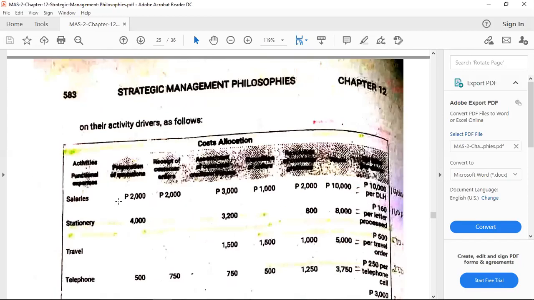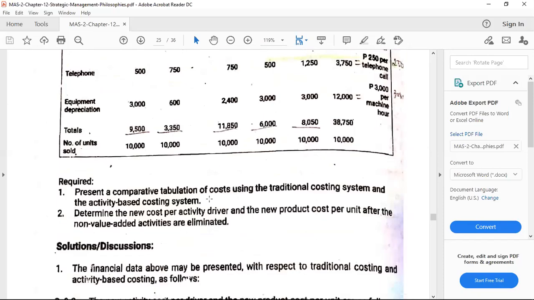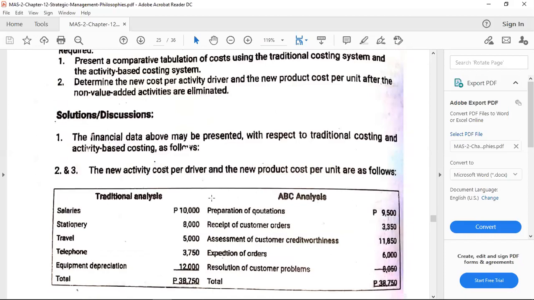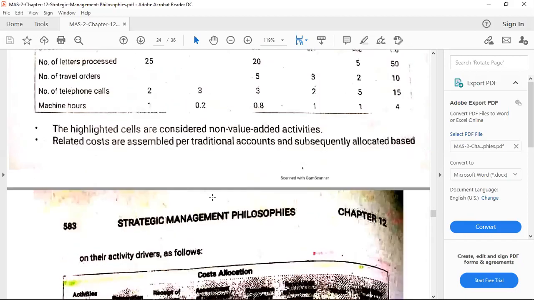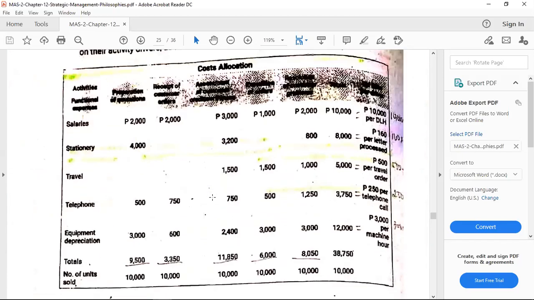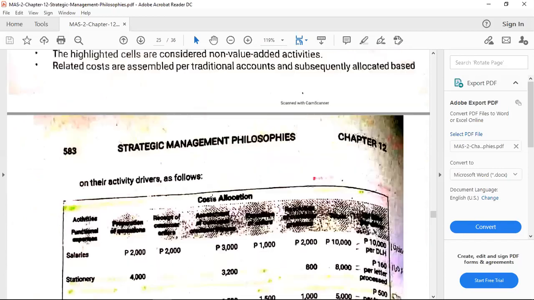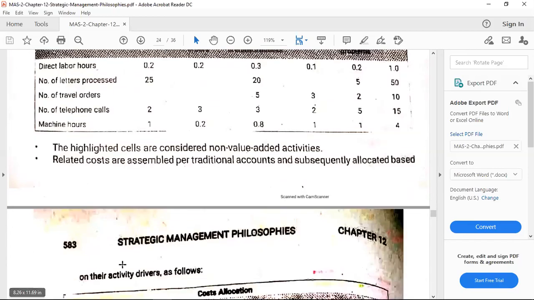For traditional, these are the given items. Then what about the ABC analysis? Okay, 5 items, 1, 2, 3, 4, 5.